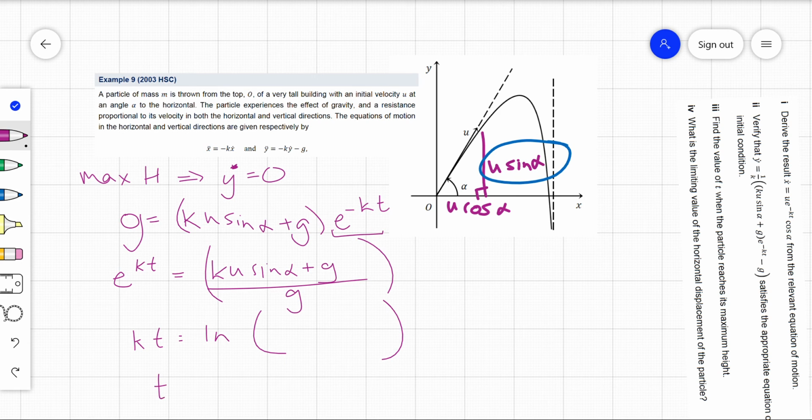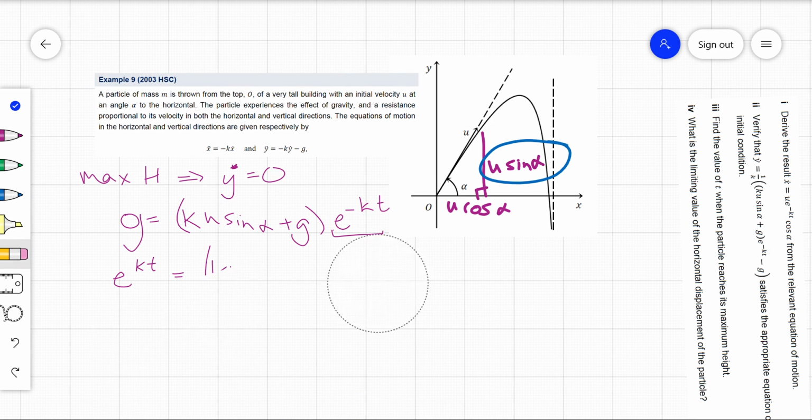And then if I divide by 1 on k, I get 1 on k log of ku sine alpha plus g on g. And that's what it would be. So that would be the value of time, t, when the particle reaches its maximum height. It's not very exciting, it's a bit ugly, but that's what it is.